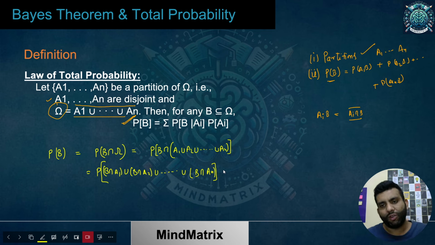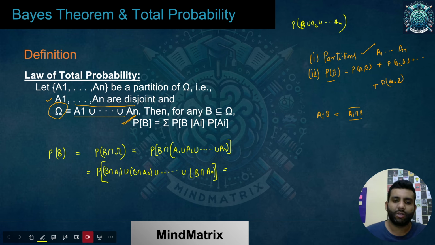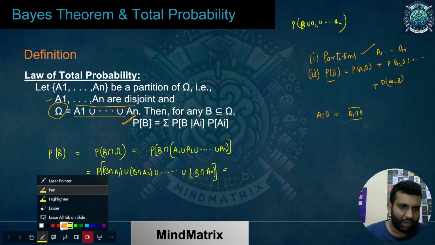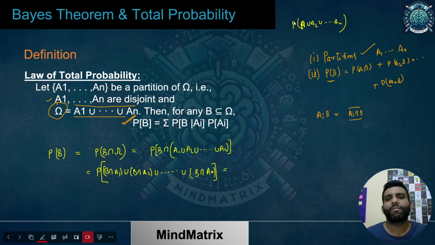Now, if you remember this part, when we discussed it already: if we have A1 union A2 union up to AN, and all of these are disjoint sets, then let me write it as P of Q1 union Q2 union up to Qn.